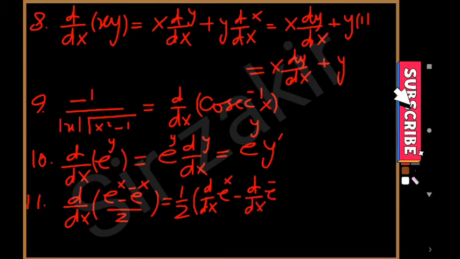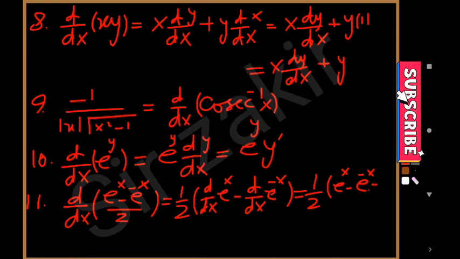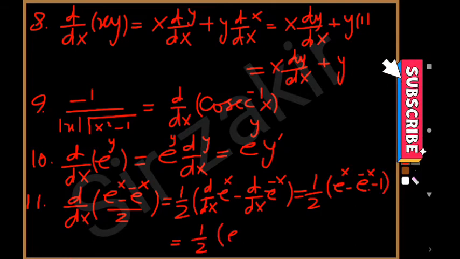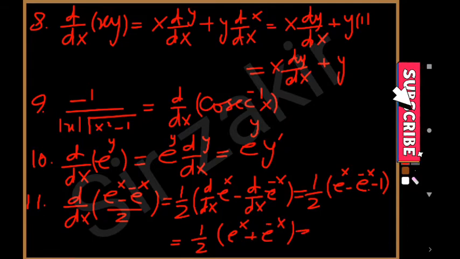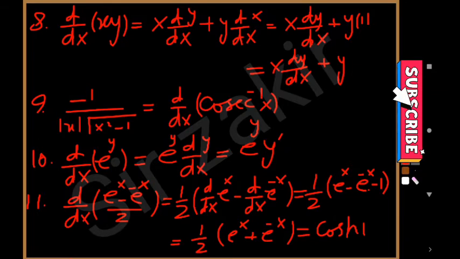Then 1 by 2 is still there. The derivative of e power x is e power x. The derivative of e power minus x is e power minus x times minus 1. So it will be 1 by 2 times e power x plus e power minus x. This becomes the definition of cos hyperbolic of x.